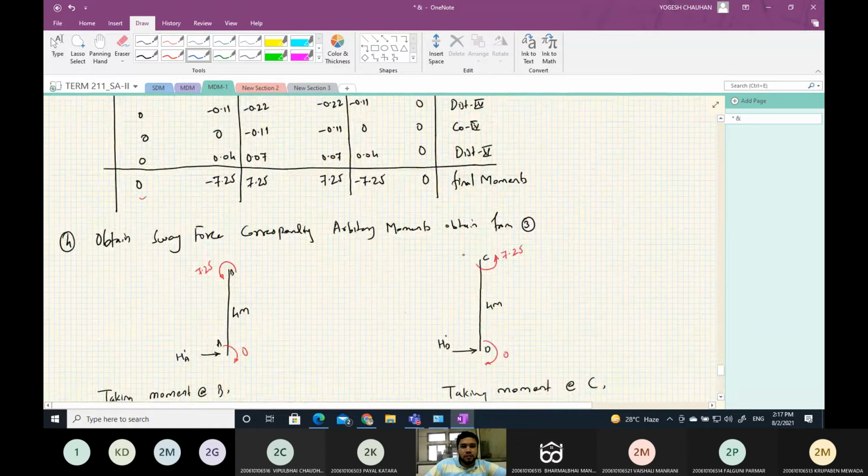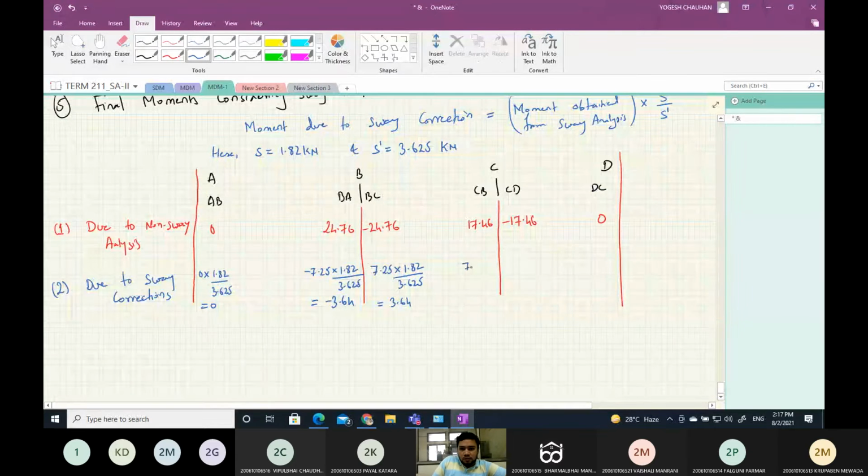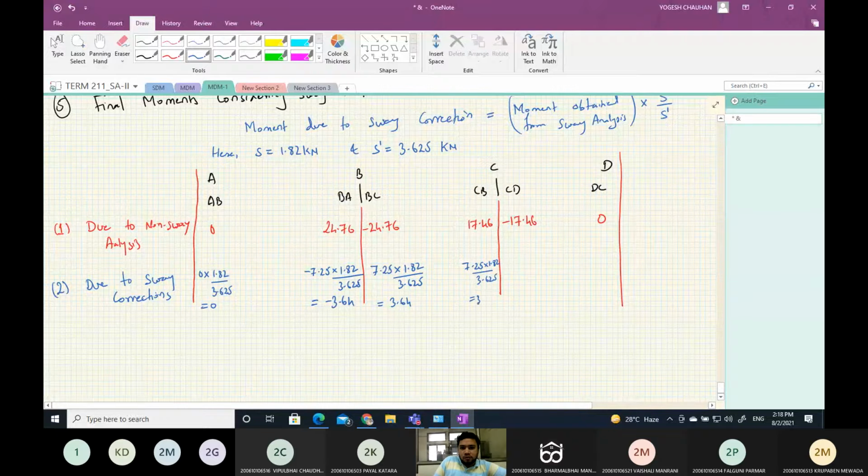The moment here is again 7.25, so the same value will be here also, 3.64, and this will be minus 7.25 into 1.82 divided by 3.625, which is minus 3.64, and this will be 0, this will be 0. So this is the moment due to the sway correction.